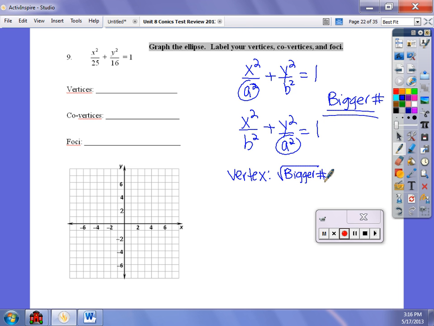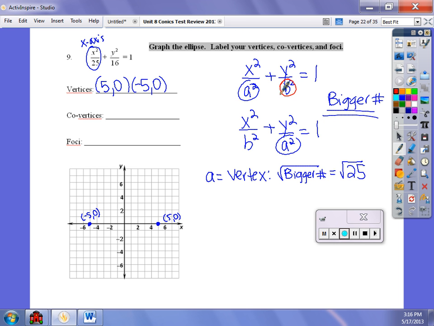If I look at this example, my bigger number is 25. So the vertex, which is a, comes from the square root of 25, which I know is 5. Since that's on the x-axis, I have to end in 0. So (5, 0) and (negative 5, 0). Okay, the next thing is my covertex.